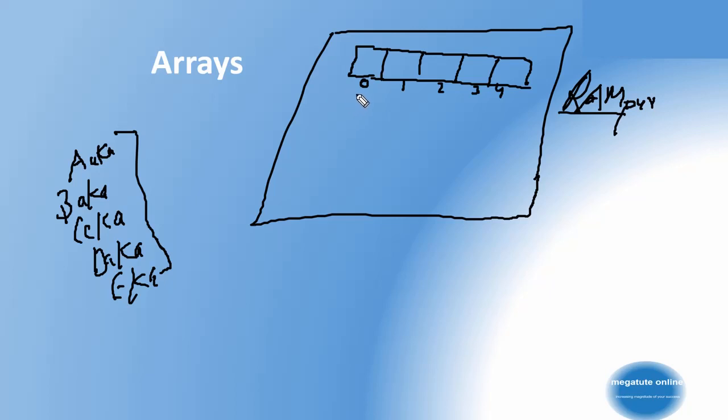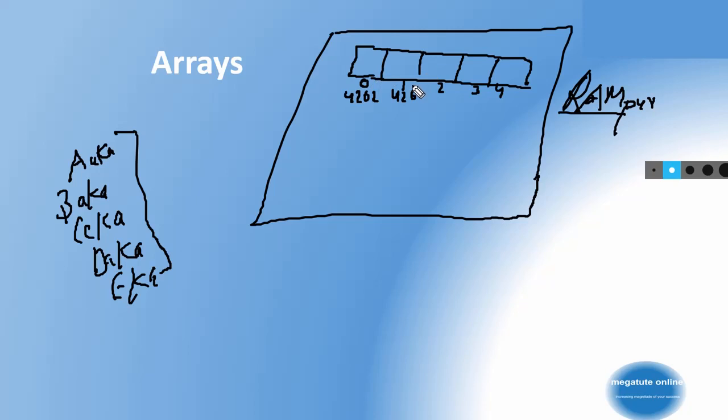All right. Suppose this one has the address 4262. Now it depends on the data type of the data which is going to be stored there. Depending on the width of that, it takes the address.